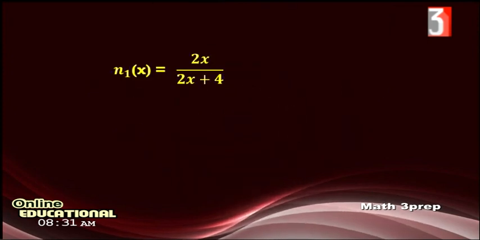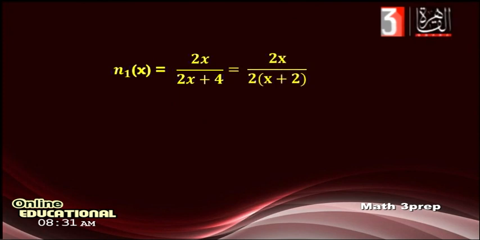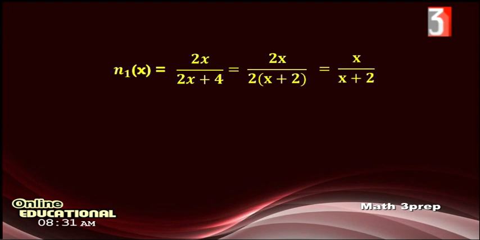First of all, N1(x) equals 2x over (2x plus 4). Then by taking 2 as a common factor from the denominator, it will be 2x over 2 times (x plus 2). After reduction it will be x over (x plus 2).